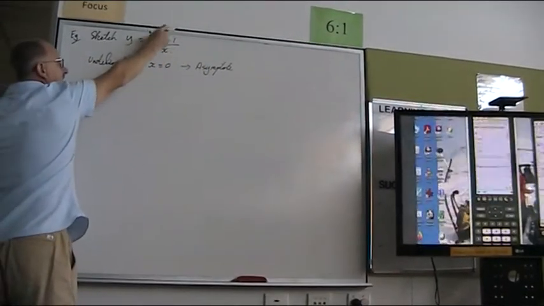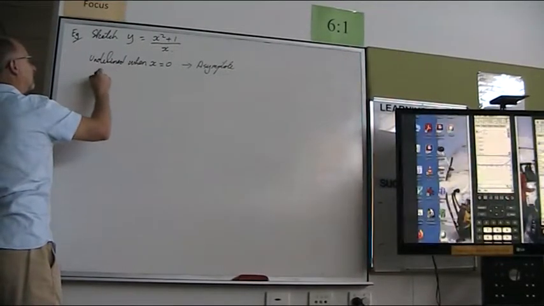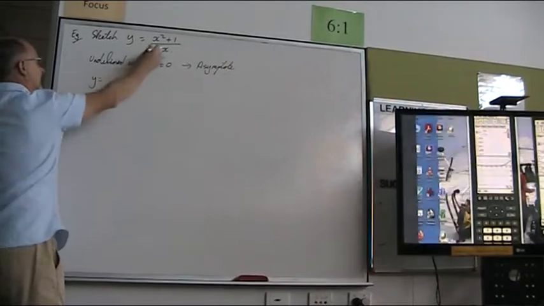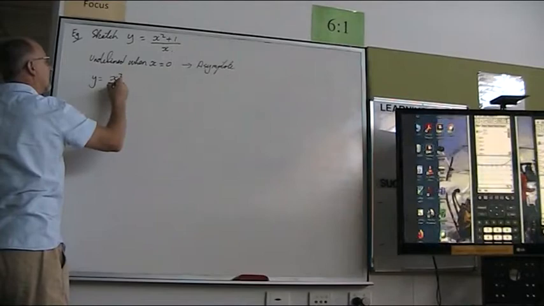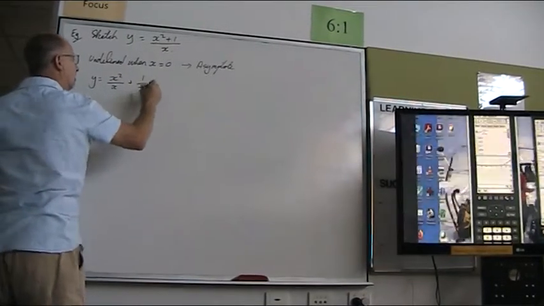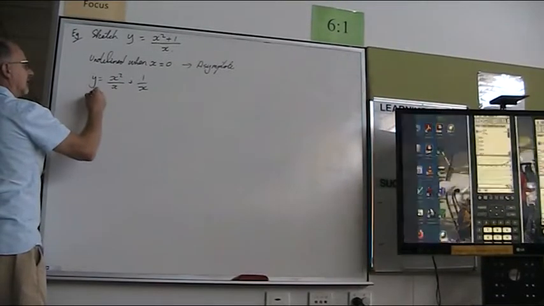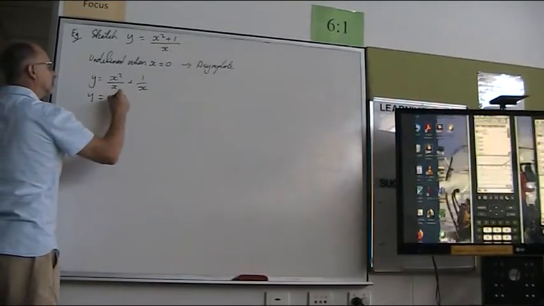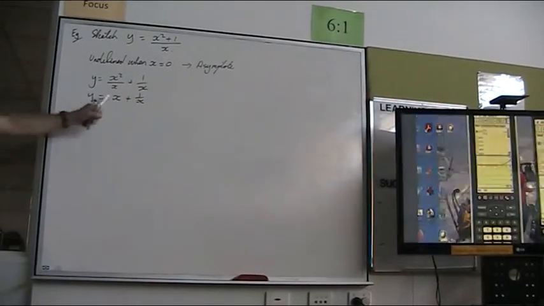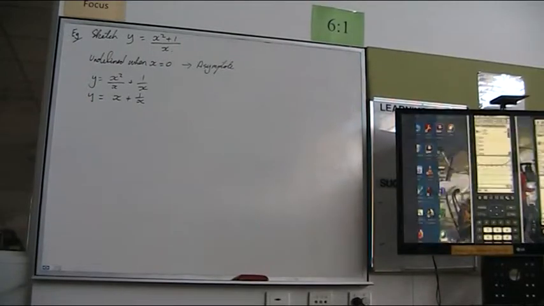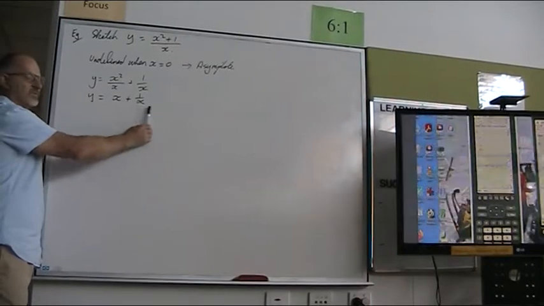Because this power is less than the power up there, we've got to divide it out or separate it out, whatever technique. For one like this, because I've only got the x there, it's simple enough to go like that. So here we've got y equals x plus 1 on x. It's like a combination of y equals x and y equals 1 on x.